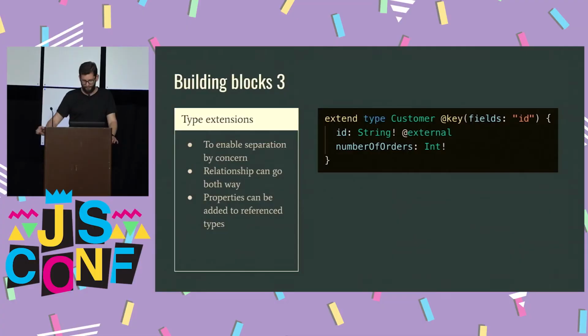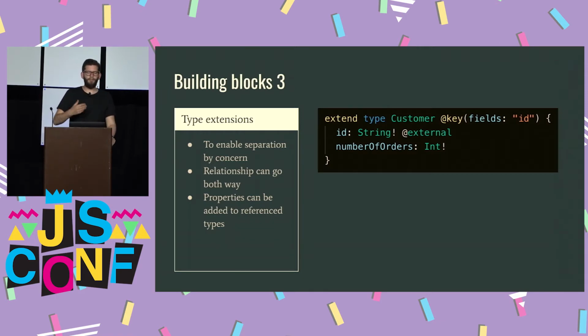Because there are also type extensions, because this referencing between different schemas shouldn't be a one-way street. It should go in the other direction as well, because you want to divide it by concern and not just by type.